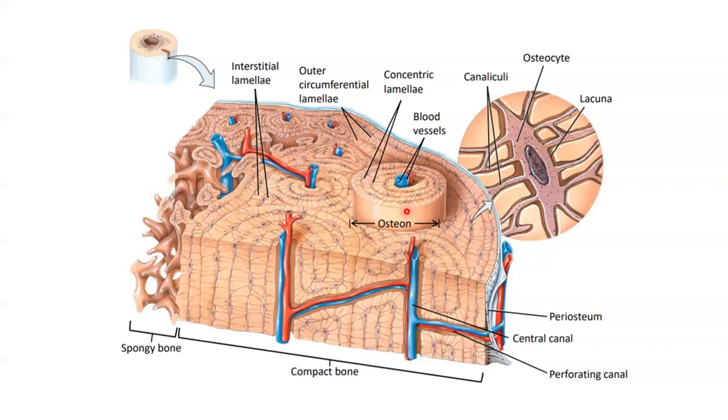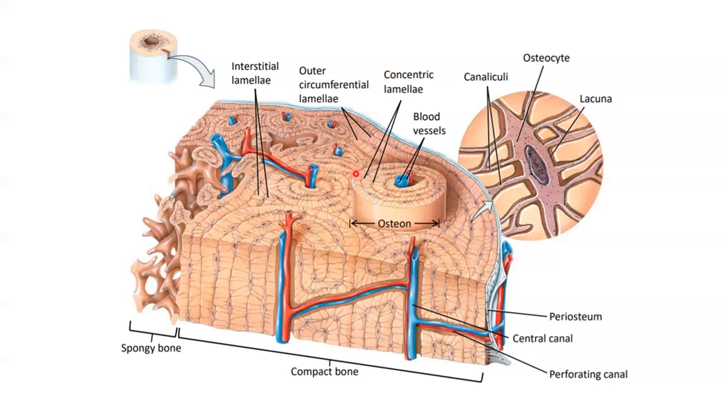So walking a little bit more through this diagram, if we imagine this is, say, just a section here of the diaphysis of a bone. So we're going to have the compact bone on the outside, and then you can see a little bit of that spongy bone on the inside. We have the concentric lamellae, which are those individual circular layers of bone.